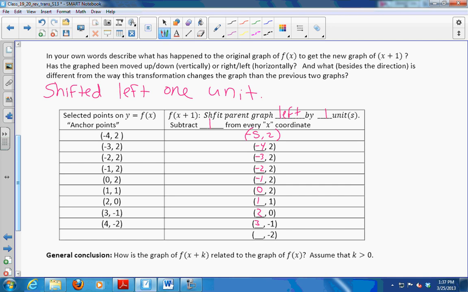Oh, something doesn't match up. Looks like I left something out.